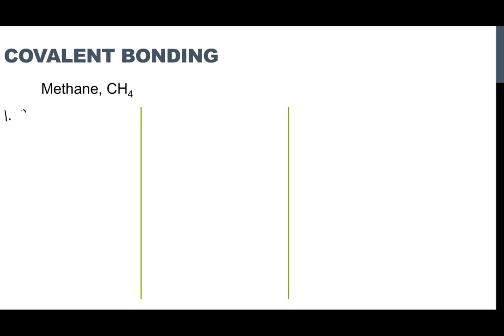Carbon is going to bring 4 valence electrons to the party. Each atom of hydrogen is going to bring 1 valence electron, and I see that there's 4 of them. So you could draw out 4 hydrogens, or what I often do, because I'm a lazy chemist, is I just multiply that by 4. And so I have a total of 8 valence electrons.